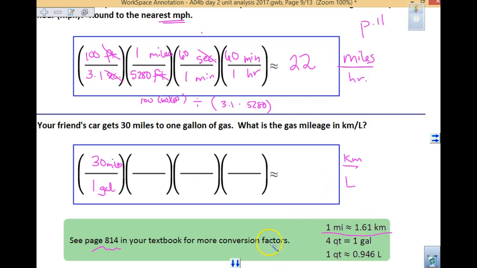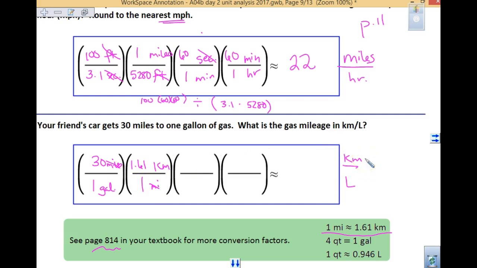If I'm using that, Cassandra, what do I want in the numerator? I want the kilometers. I want miles down here. It's 1 mile is to 1.61. Okay? Right now, I have my answer in the right unit in the numerator.